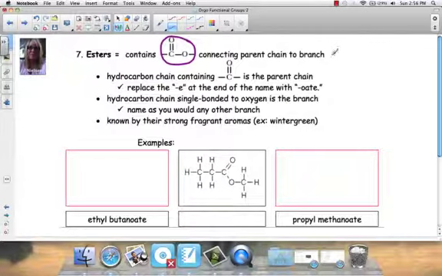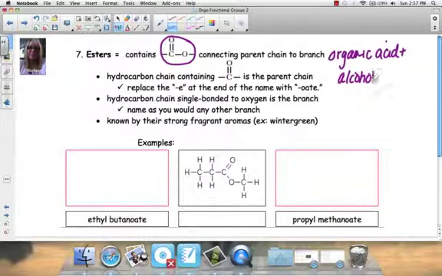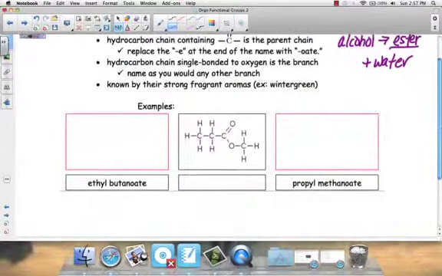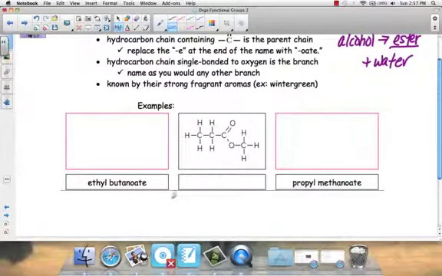Esterification is when an organic acid and an alcohol have a reaction to form an ester, which is what we're talking about right now, and water. And you're going to learn this reaction in the second half of this unit. The easiest way for me to explain what's going on is to show you an esterification reaction, but you don't have to know it just yet.